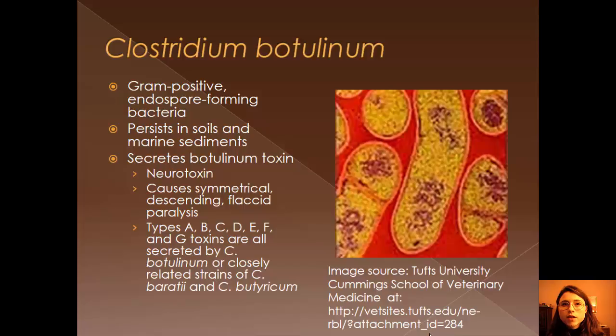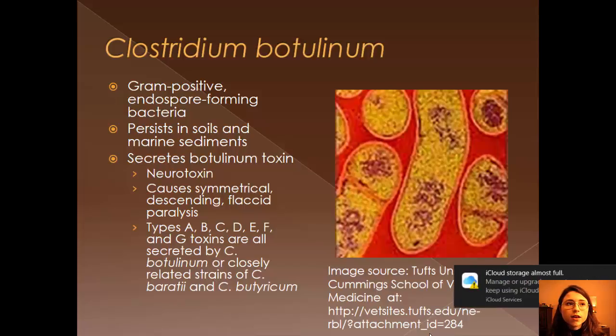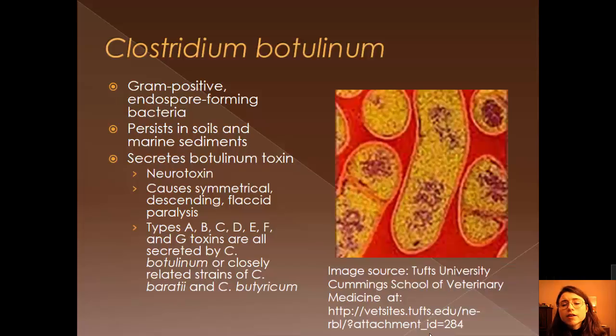It's a neurotoxin that causes a symmetrical descending flaccid paralysis that affects the nervous system. It actually secretes all 8 types of botulinal neurotoxin. However, the types that are most prevalent in infants are types A, B, and very rarely E and F. So we'll be focusing on those.